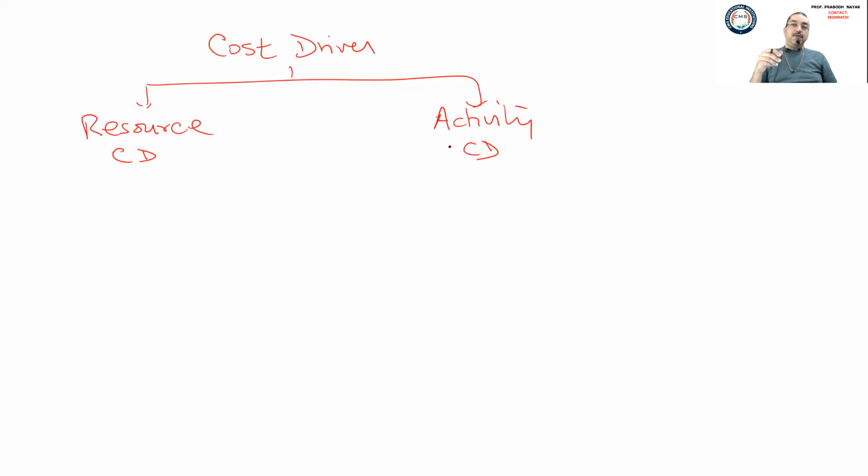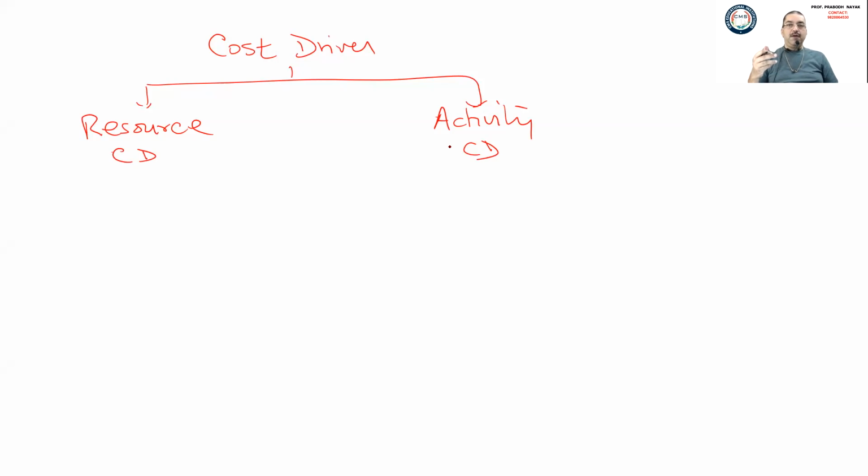For example, the quantity of grease that is consumed by a machine, that will be a resource cost driver. Or the nuts and bolts that go in the manufacture of a particular product. Number of nuts and bolts used, resource cost driver. Okay, the square feet of area that is occupied.